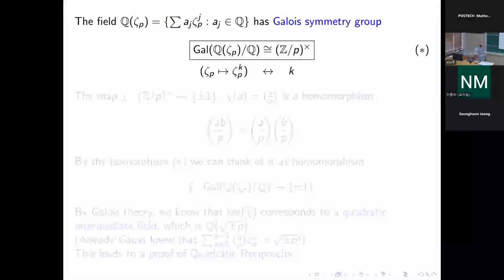And the isomorphism is completely explicit: the residue k in Z mod pZ corresponds to raising the pth root of unity to the kth power.